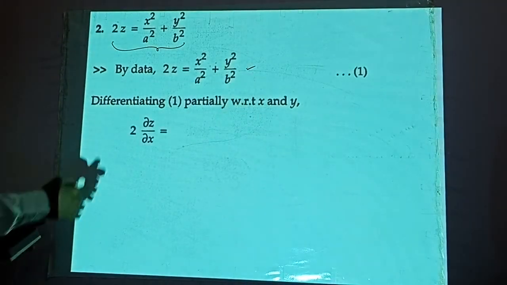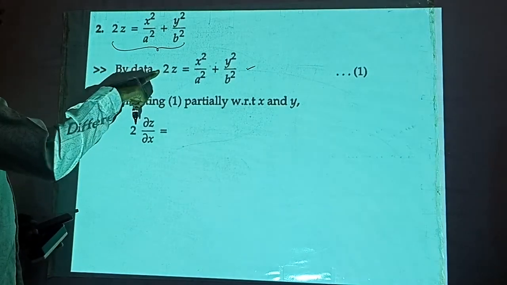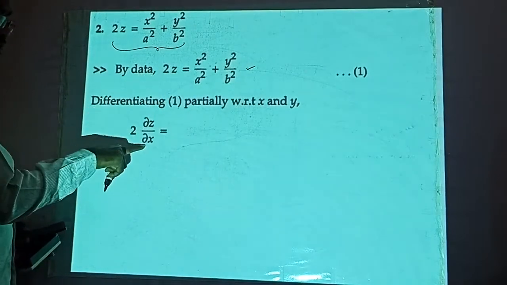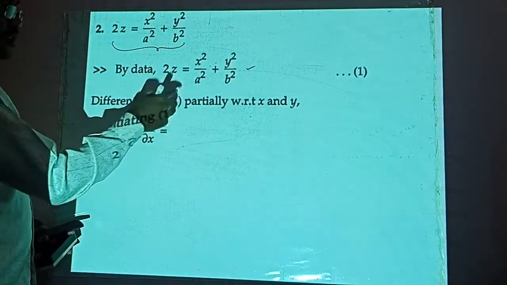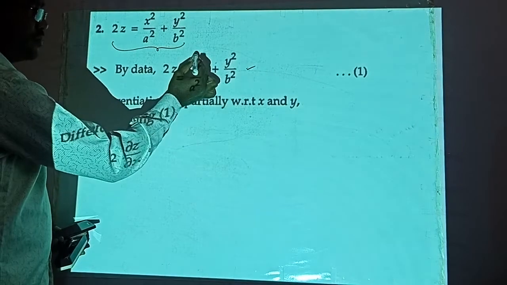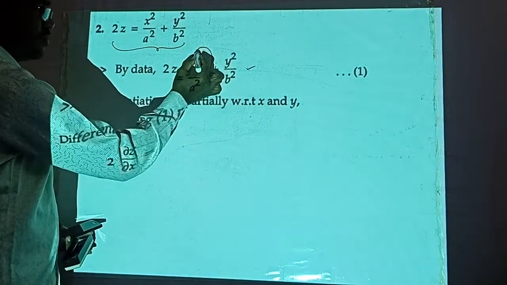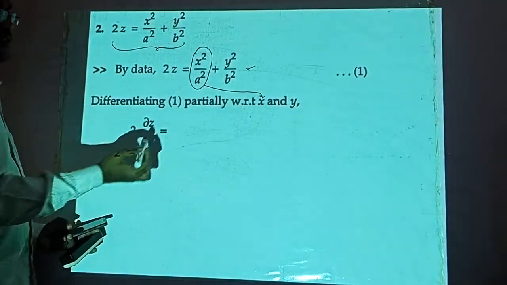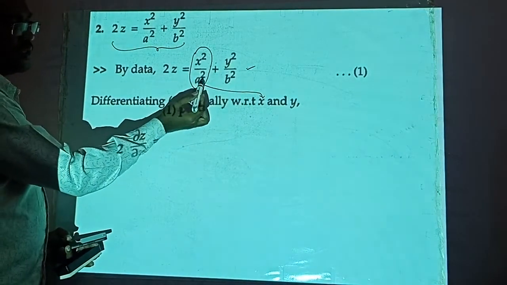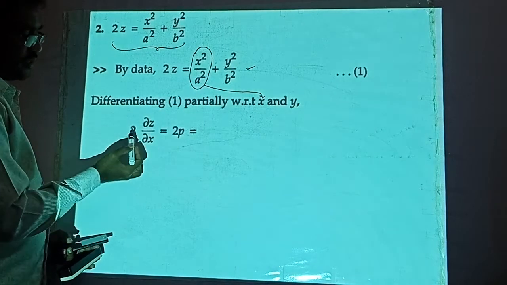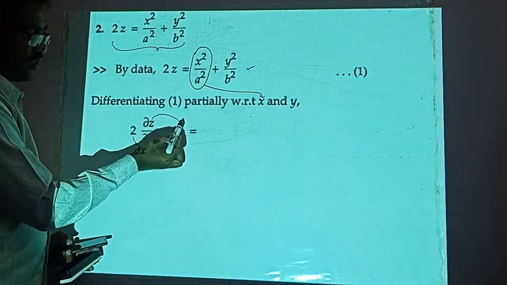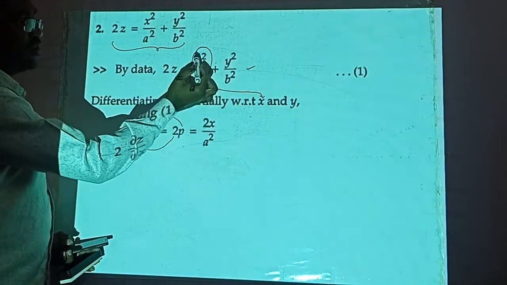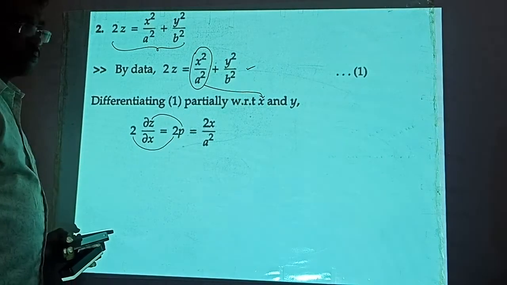Two constant as it is. Differentiation of z with respect to x is ∂z/∂x, which we write as p. Dividing by a² is constant, and differentiation of x² is 2x.